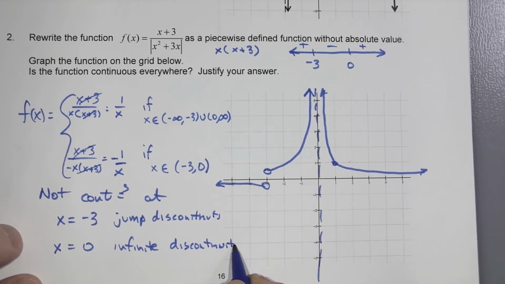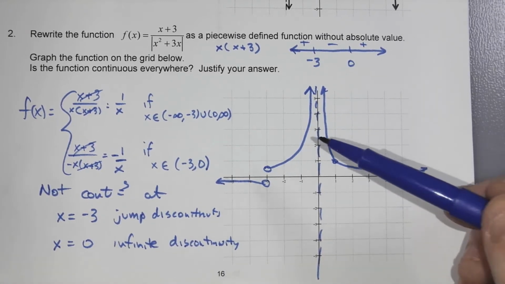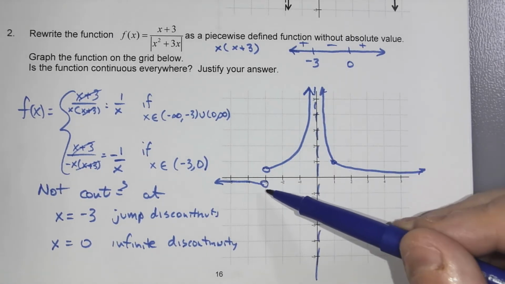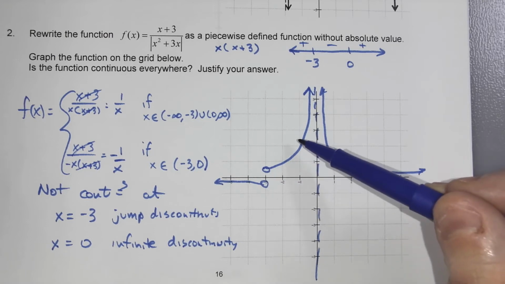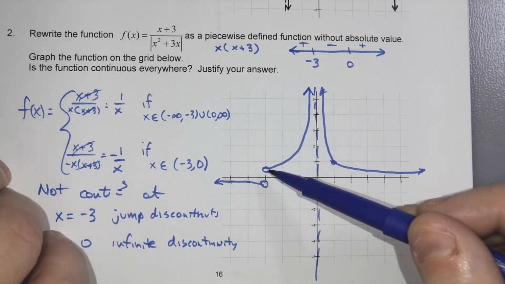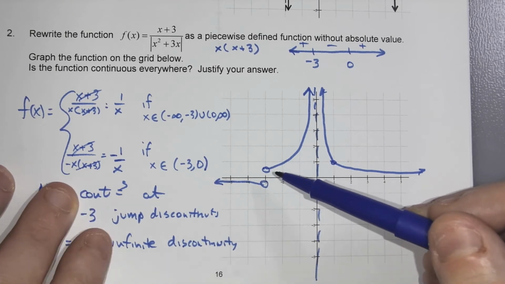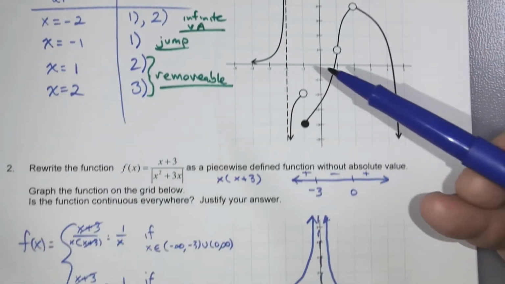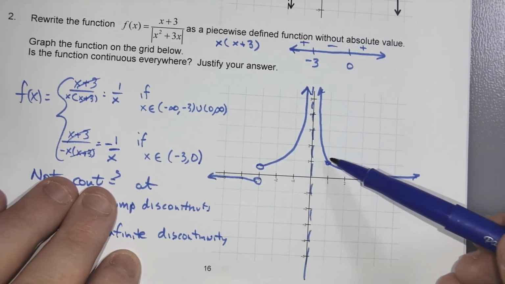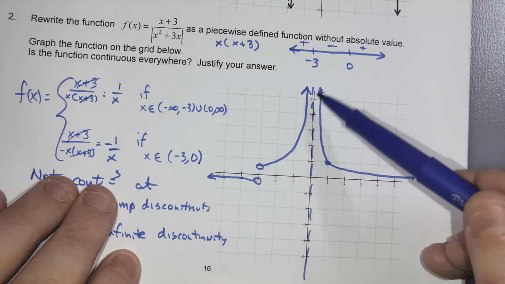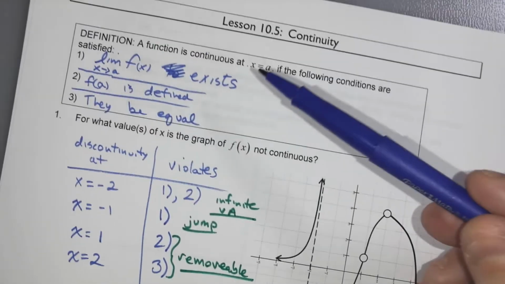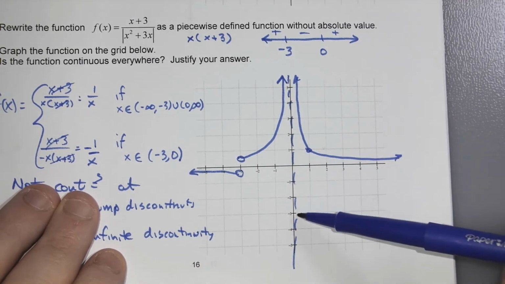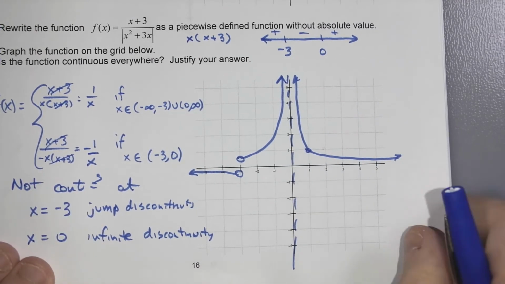Now, based on space, I won't put the justification here, but this is a jump discontinuity because the limit from the left is negative 1/3, the limit from the right is positive 1/3, and therefore the limit doesn't exist, which means that you are discontinuous. Here, I guess you could say the limit as you approach from the left or the right towards 0 is positive infinity, so there's a way you could say that this exists, but the functional value is not defined, so it's definitely a discontinuity there as well.